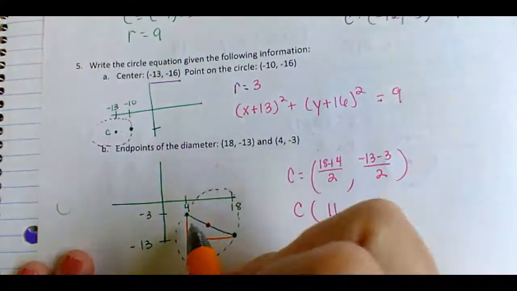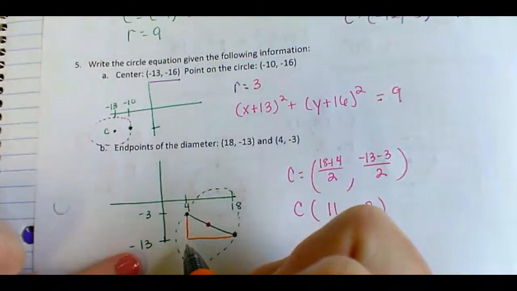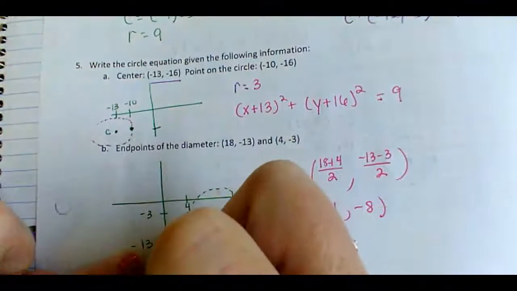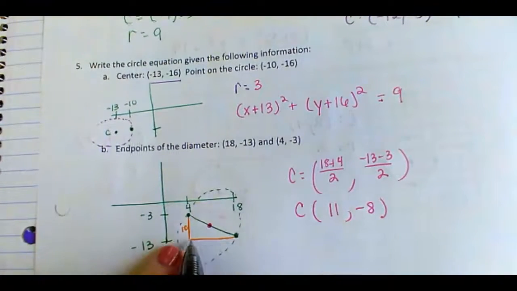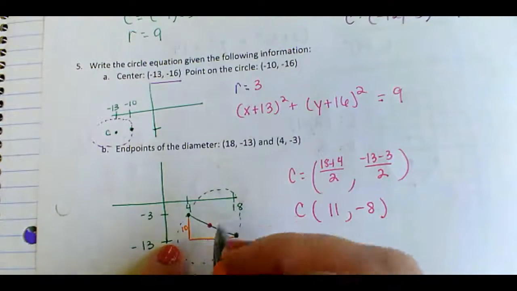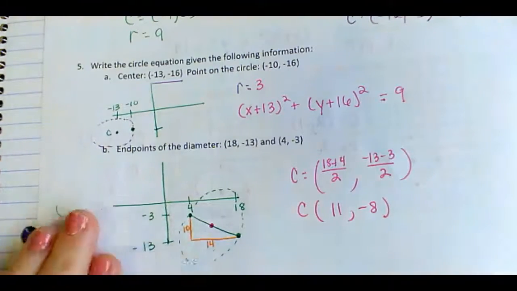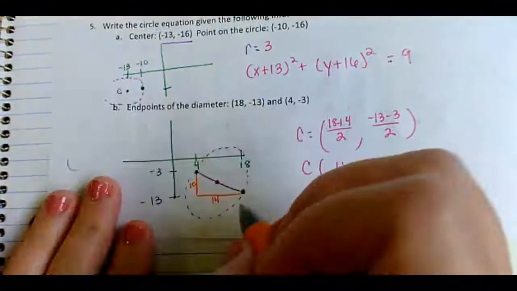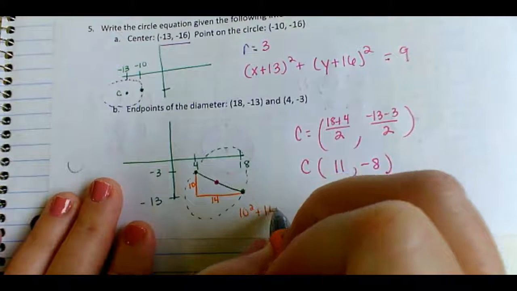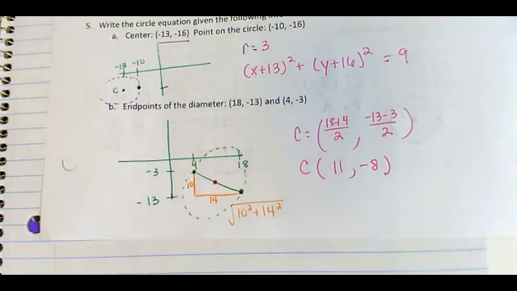Diameter is what we're looking for. This part right here is going to be from -3 to -13, so I know that's 10. This part right here is going to be from 4 to 18, so I know that's 14. And then I can do Pythagorean theorem to get the hypotenuse. So I can do 10 squared plus 14 squared, and then the square root of that.